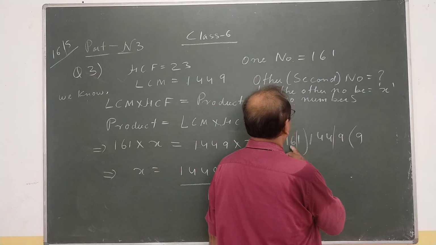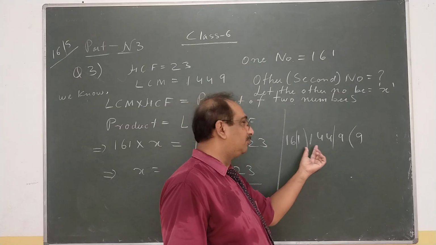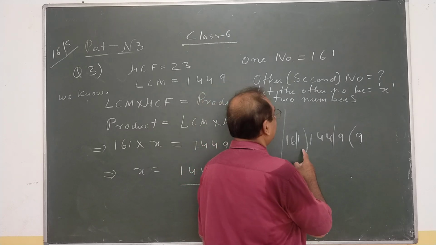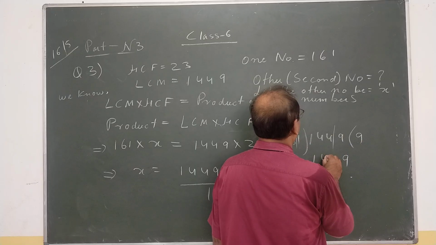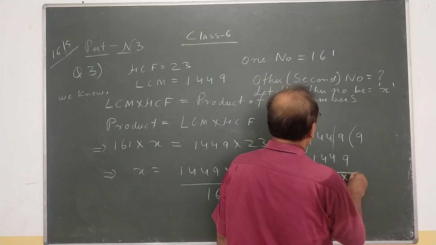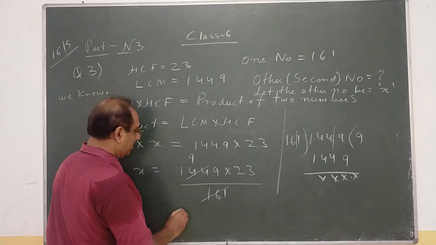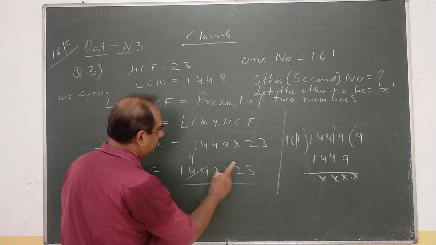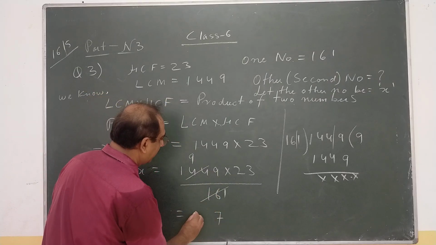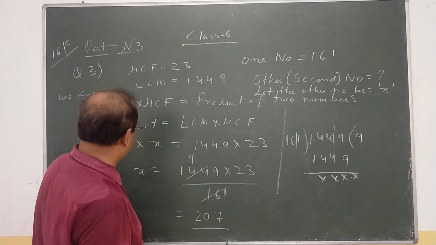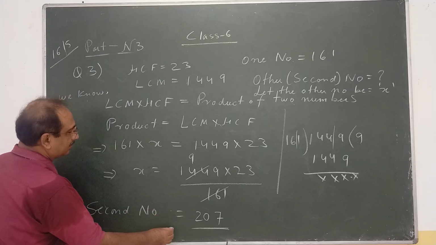So it goes, 9s are, 16 9s are 144. So take 3 digits. Sometimes we take 1 digit and 2 digits here, sometimes 2 digits, 3 digits here. So 9, you multiply, 9 ones are 9, 9 16s are 144. Okay. So it will go 9 times, and you multiply 9 into 23, 9 3s are 27, we carry 2, 9 2s are 18, so the other number, the second number, is 207.